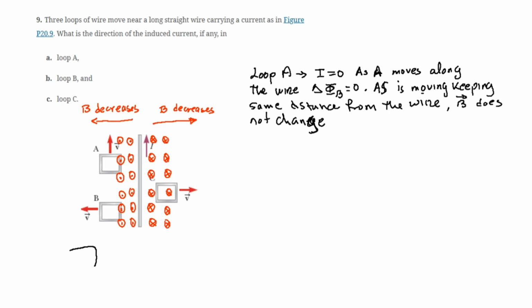As loop B is moving away from the wire, this magnetic field that is passing through loop B will decrease in magnitude, right? Because as I said, as you move away from the wire radially, there is a decrease in the magnetic field.